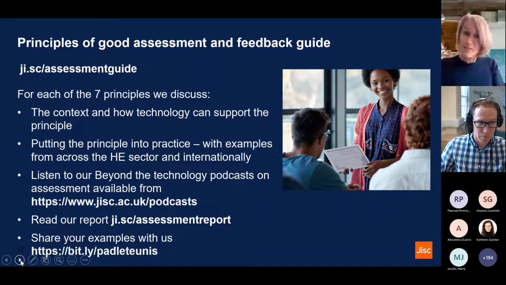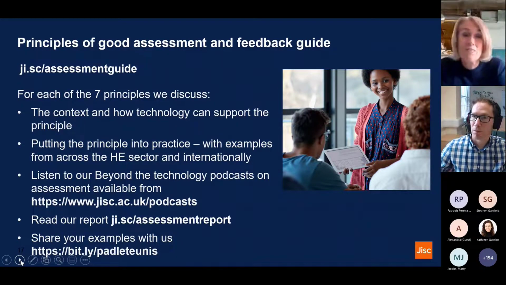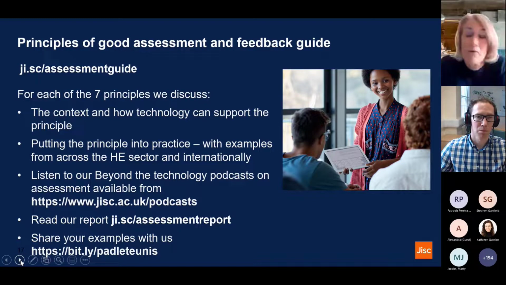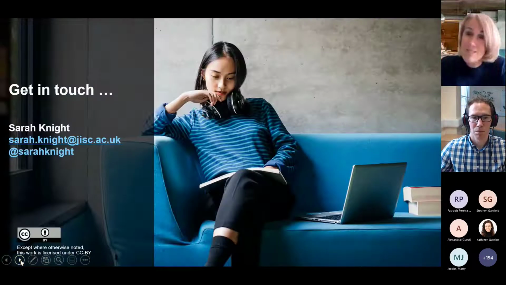If you'd like to share your examples, please do. We also have a Padlet set up to gather examples of practice mapped to those principles. And listening to the earlier presenter around e-portfolios, there are some lovely examples on that Padlet on how e-portfolios are being used as well. So I will stop there and I will hand back to Phil.